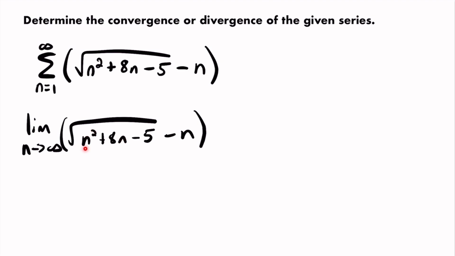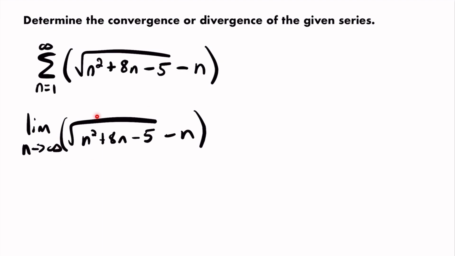So we essentially have infinity plus another infinity, and between these two terms we just have a value that's getting bigger and bigger. And then we're subtracting 5, which is pretty much nothing compared to infinity. So really we have the square root of a very big number, or the square root of infinity, and then we are subtracting n, which is also approaching infinity.